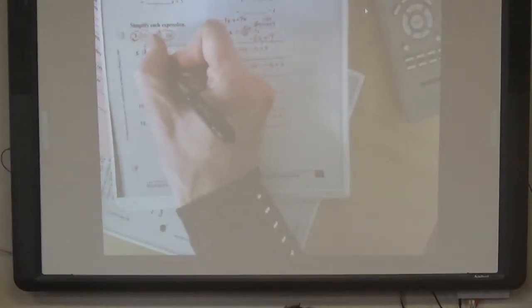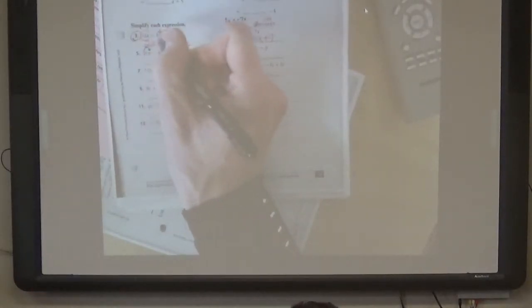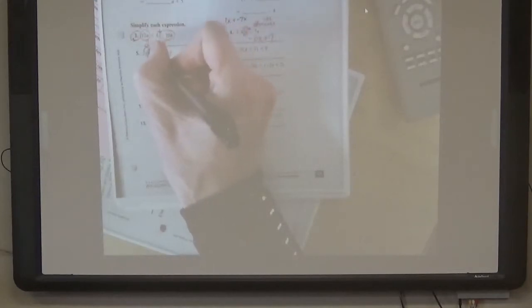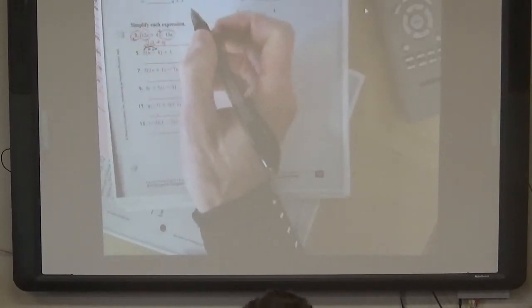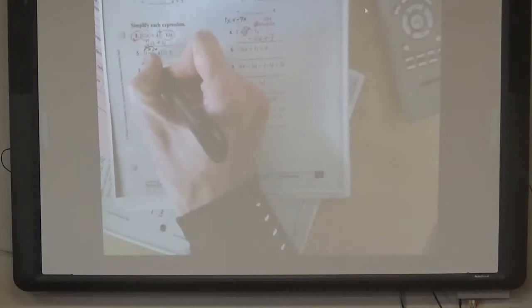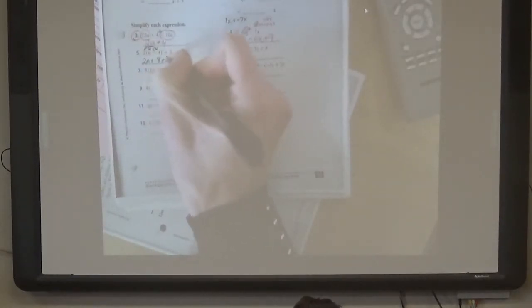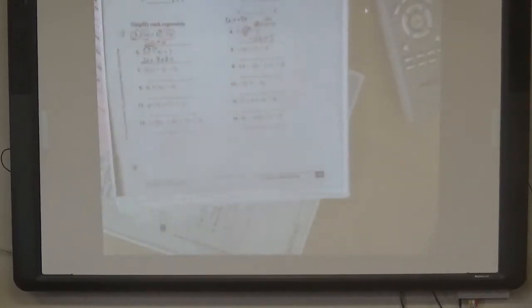So now we have a number outside of the parentheses, and we know what to do with that. 2n plus negative 8 plus 3. And then we can simplify that.